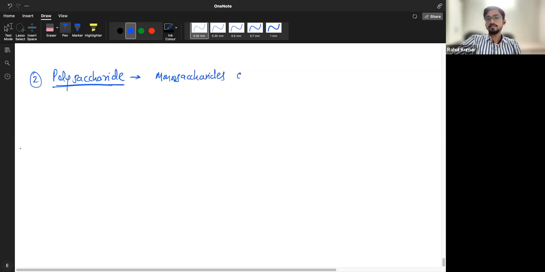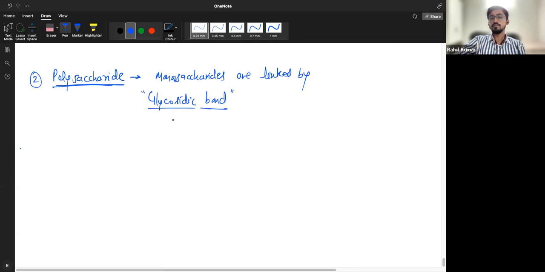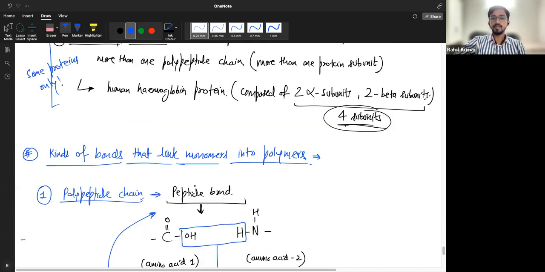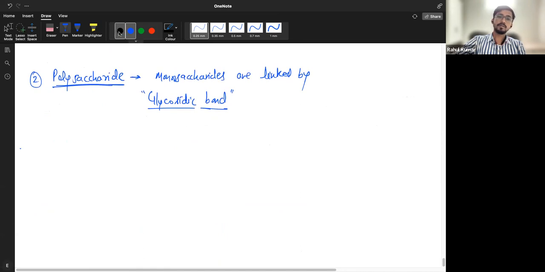So monosaccharides are linked by glycosidic bond. Glyco word is for sugar. Glycosidic joining bond. You just have to remember which bond is present where. This is peptide bond, this is glycosidic bond.